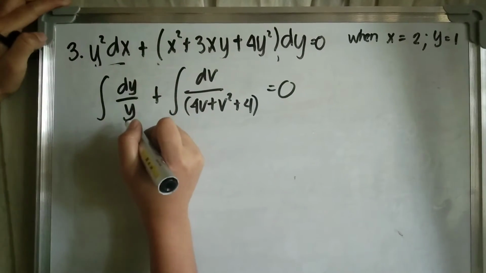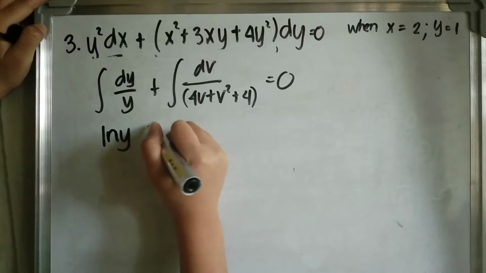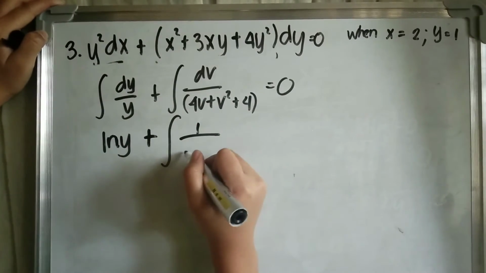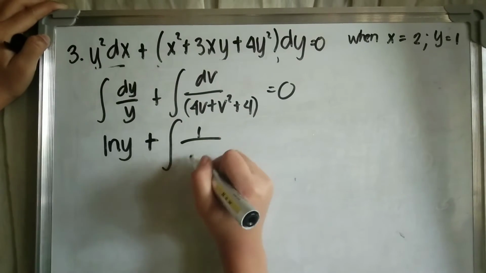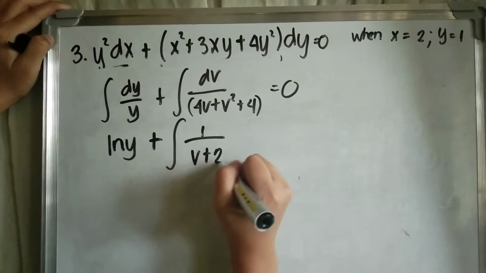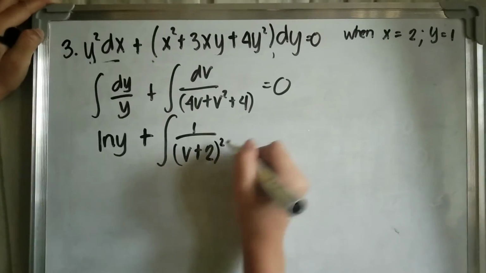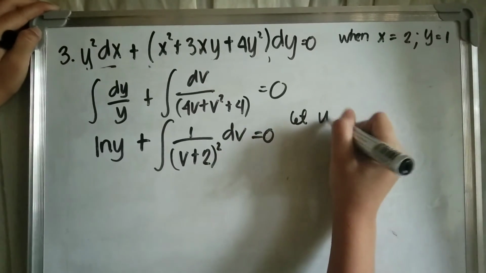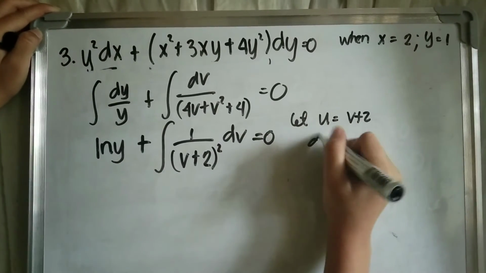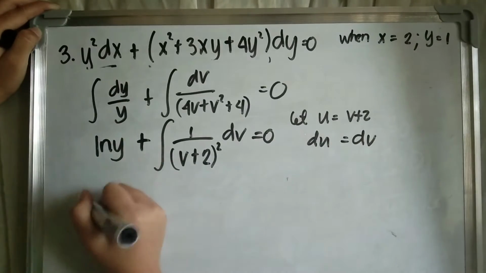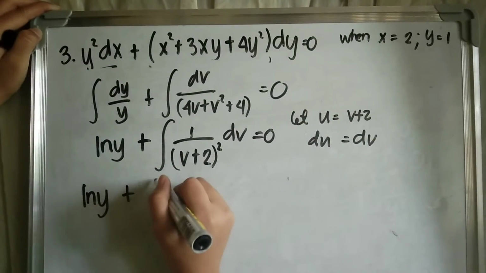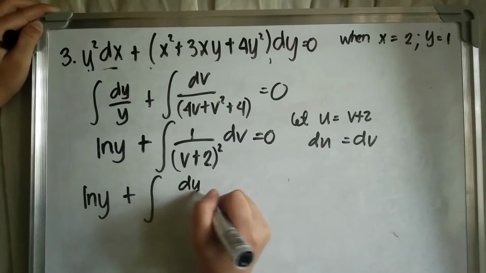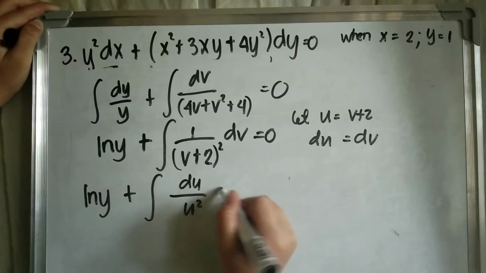So the integral of dy over y is ln y plus, so we can rewrite this into 1 over the square of binomial, so this will become v plus 2 squared dv equals 0. So we can let u equal v plus 2 and our du equals dv. So ln y plus, this will become du over u squared equals 0.